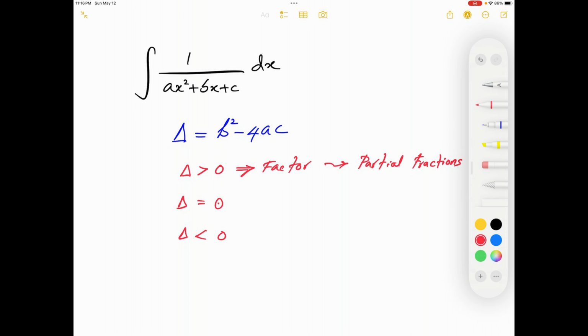If your delta is equal to 0, then again we can write the denominator as a complete square. And then you can integrate it using the result in the standard table for integration, ax plus b raised to the nth power dx. If delta is less than 0, in that case, once again we need to complete the square, but it will not be a complete square alone.